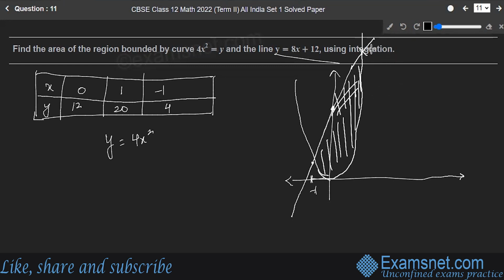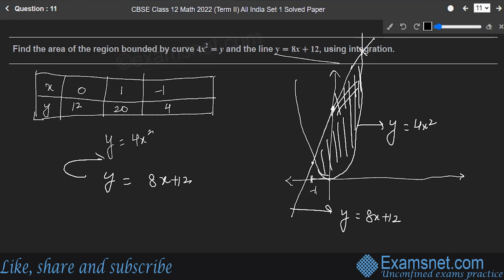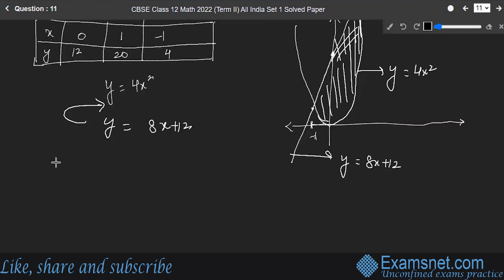Fine. Let's find out the point of intersection first. This is the curve y is equal to 4x square, and this is the line y is equal to 8x plus 12. Okay. Fine. Let's find out the point of intersection now. Let's equate them. You have 4x square equals 8x plus 12.